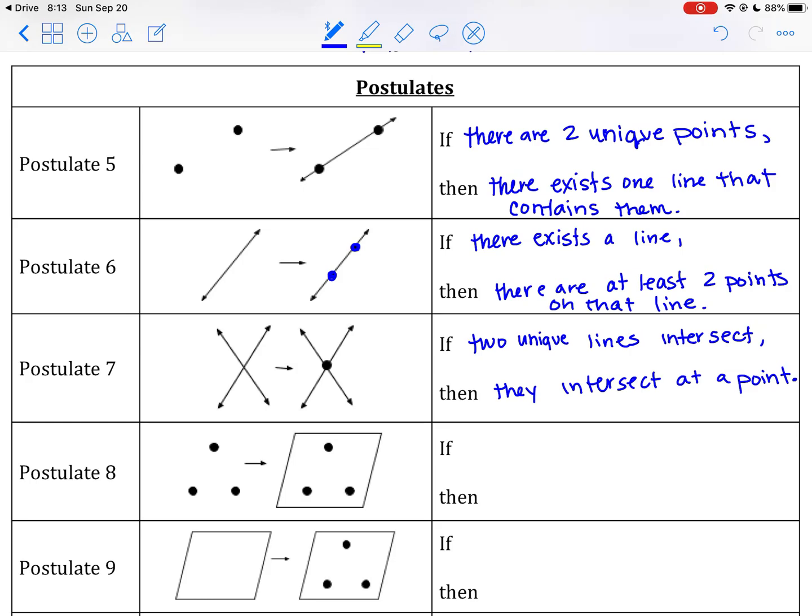Postulate 8 is similar to postulate 5, but with a different outcome. If there are 3 unique points, then there exists one plane that contains them.